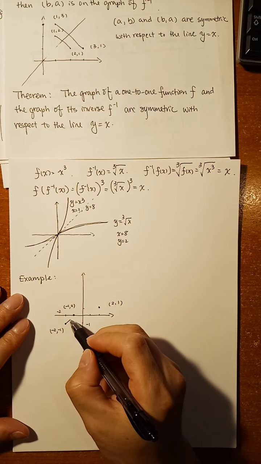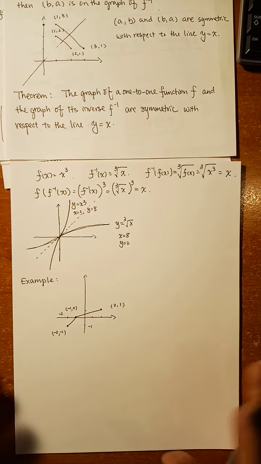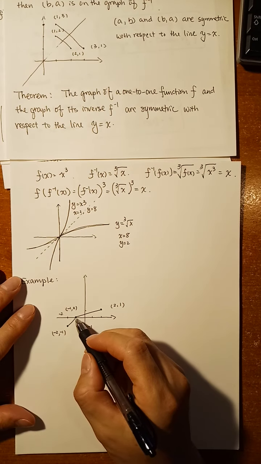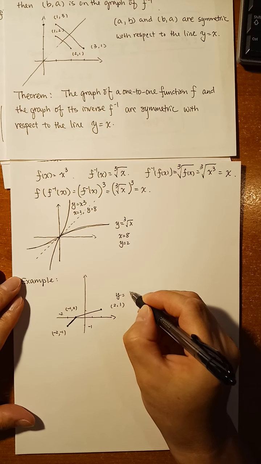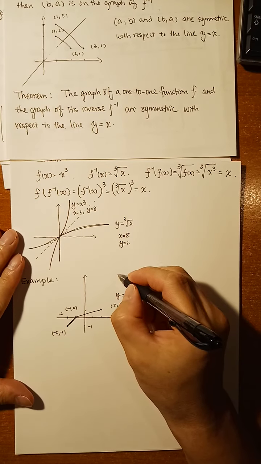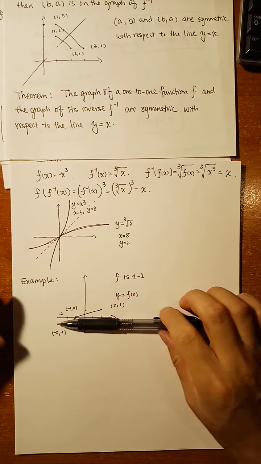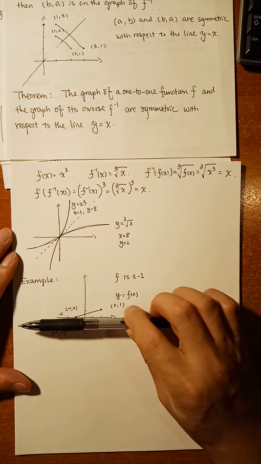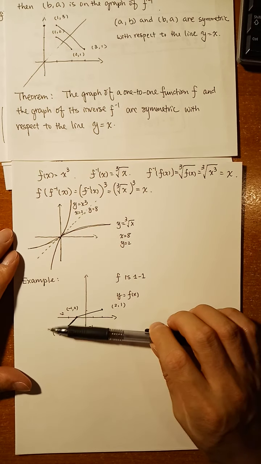Okay, so assume this is a graph of a certain function. We don't even care what this function is. From this graph, we know f is 1 to 1 because you can just imagine whatever horizontal line here, you will have at most one intersection point.